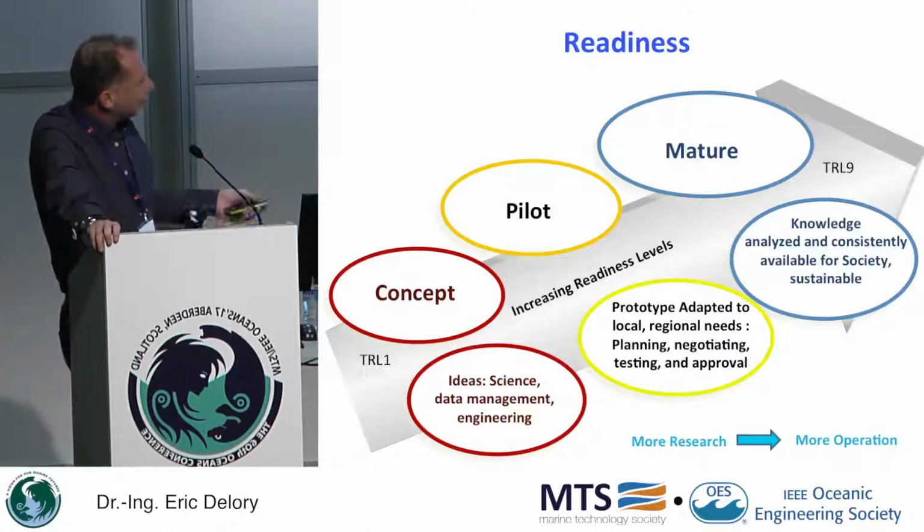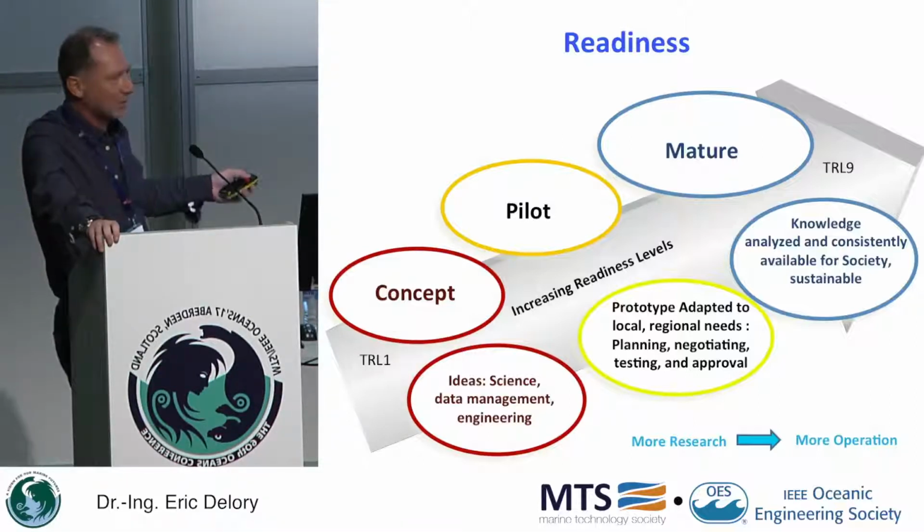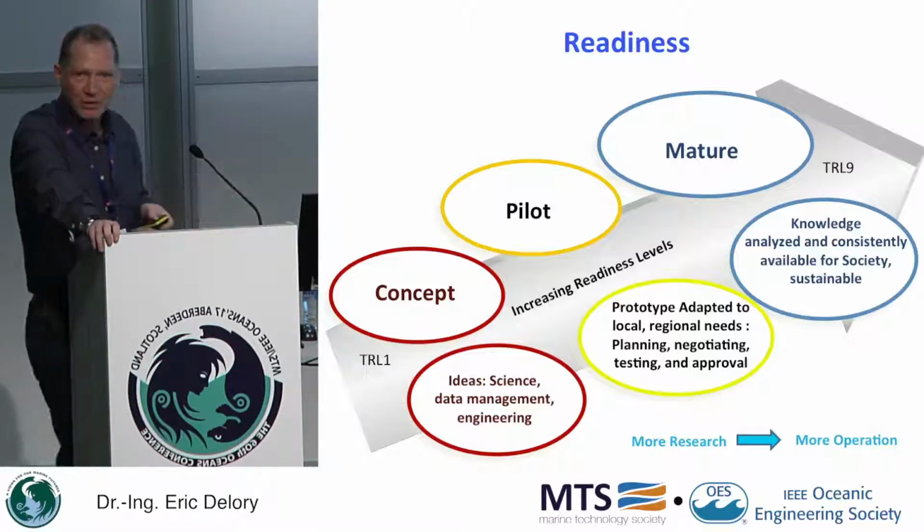From concept to maturity, from ideas to good, well-known technologies, which is also sometimes referred to as technology readiness level, from level 1 at conceptual idea to level 9 when the system is mature and commercially available.